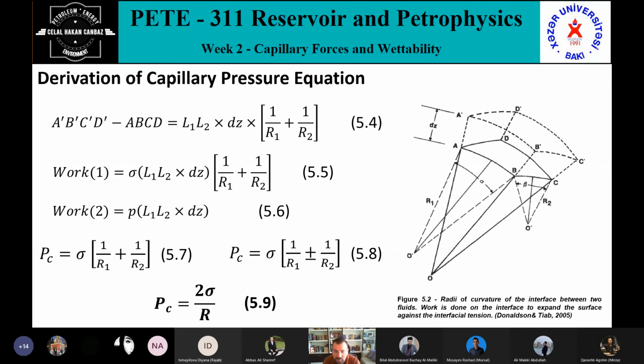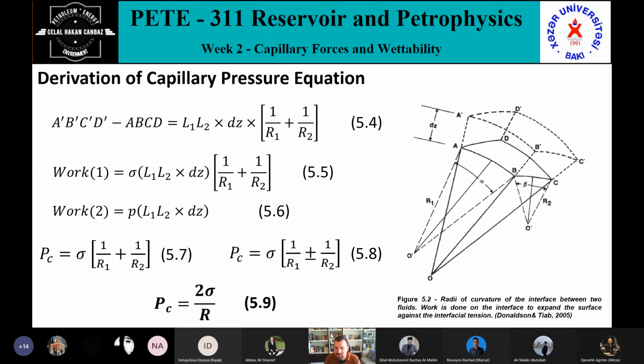So you have to give the negative sign. It can be plus minus in 5.8, as you can see.